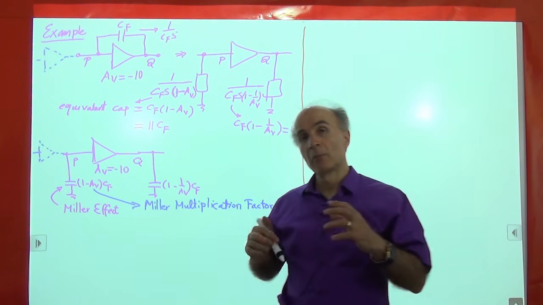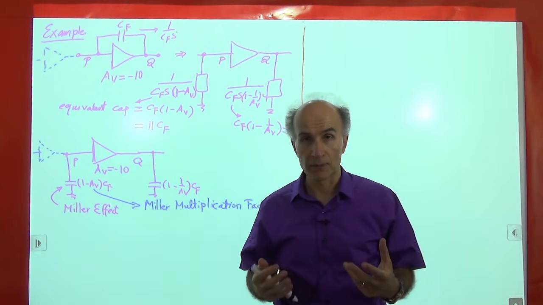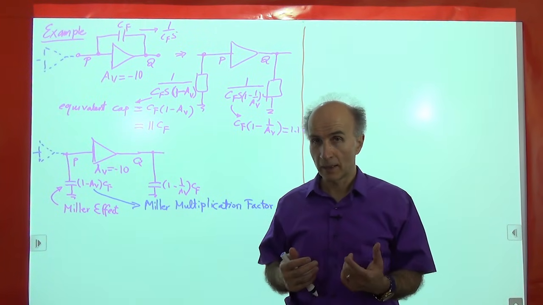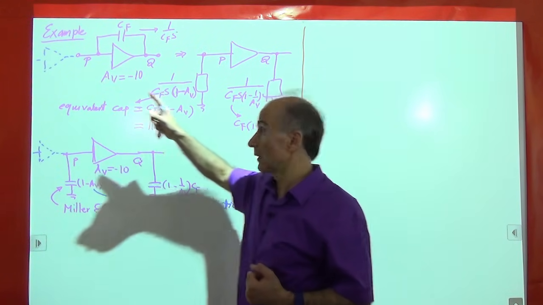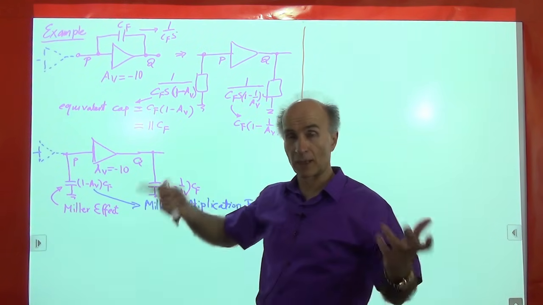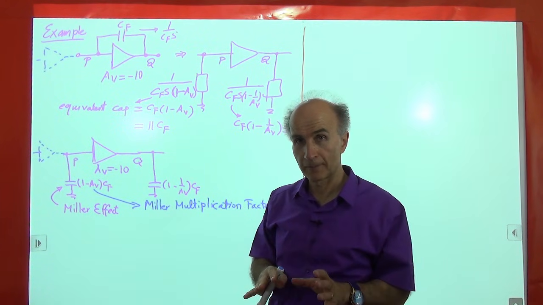So we see that Miller's theorem gave us two types of tools in our analysis. One is, how do you go about converting a floating capacitor to two grounded capacitors? So that's great, right? Because now we can try to find the poles by inspection.